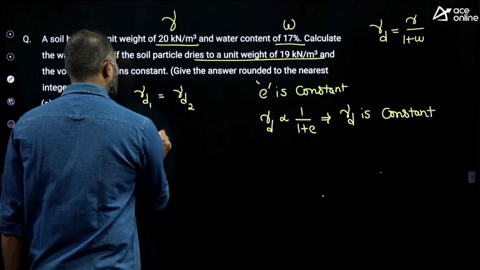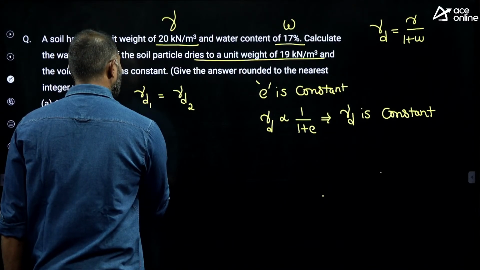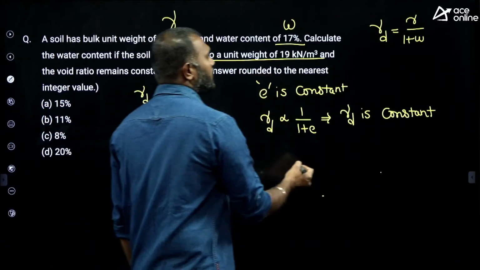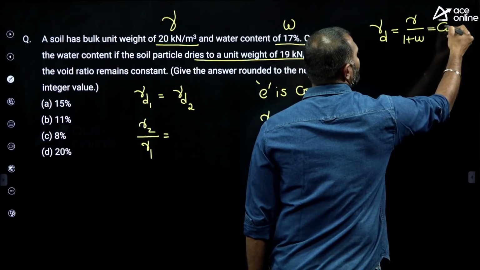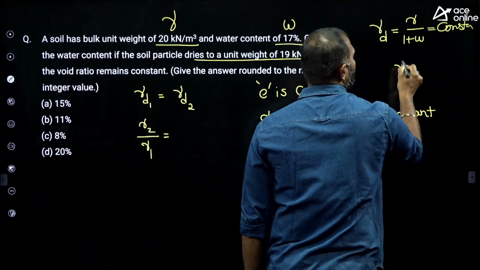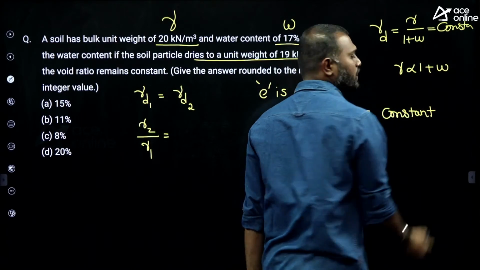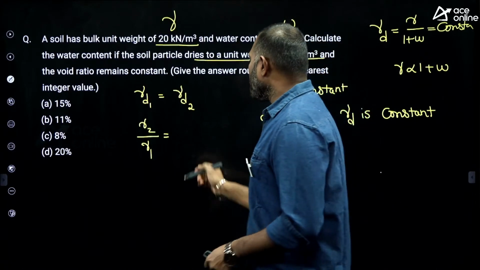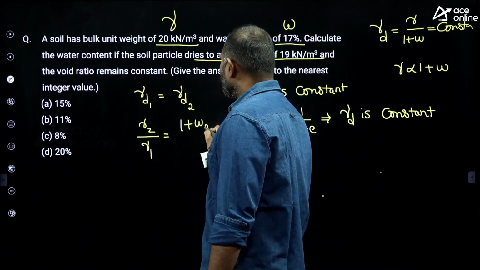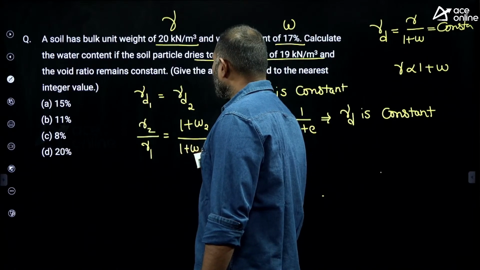So which means gamma 2 by gamma 1. From here I can write, this is constant, right? I can write gamma is proportional to 1 plus water content, right? So gamma 2 by gamma 1 is 1 plus W2 by 1 plus W1.